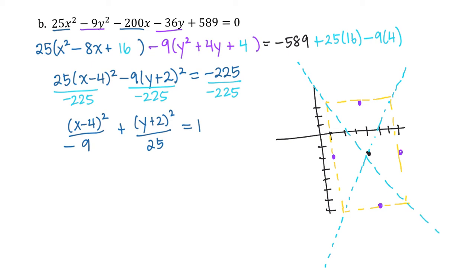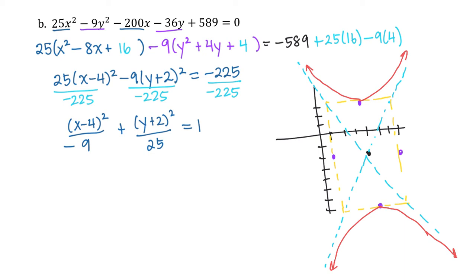I'm a little crooked. This is opening in the y direction because this is the positive term. Make sure your hyperbola is approaching the asymptotes, not curving inward or doing weird things.